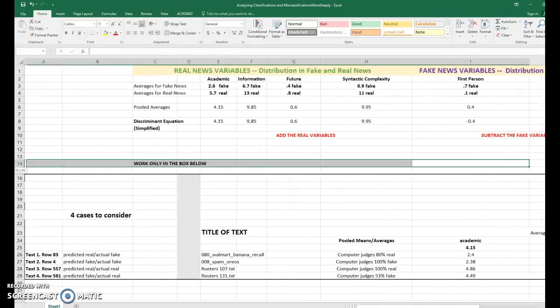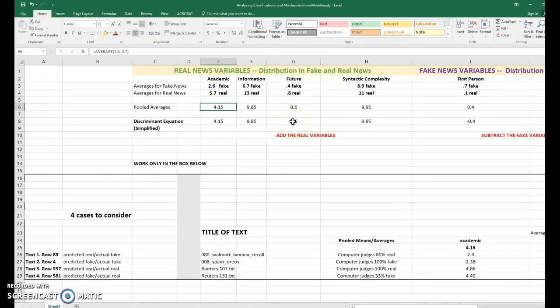Now, these are just the averages that I took from Minitab. I pool the averages, so you take the average of averages. The average of 2.6 and 5.7 comes out to academic is 4.15. 9.85 is the average of 6.7 and 13, 0.6 is the average of 0.4 and 0.8, 9.95 is the average of 8.9 and 11, and 0.4 is the average of 0.7 and 1.